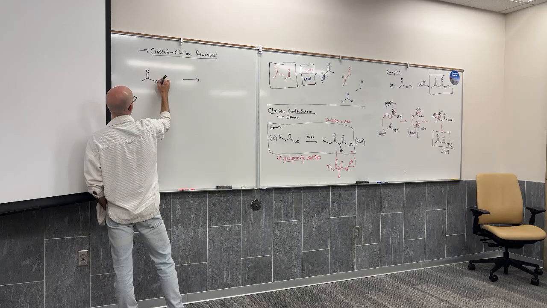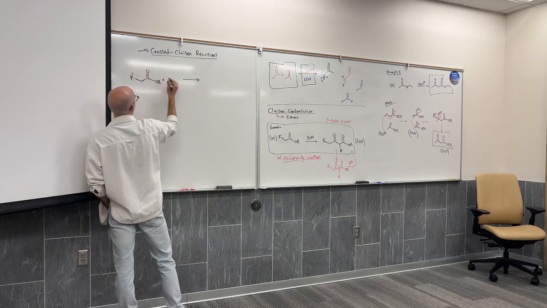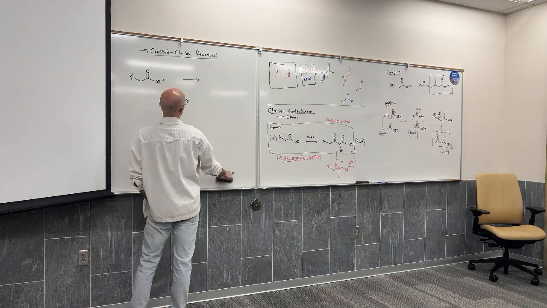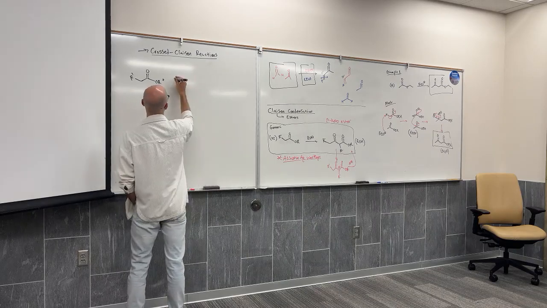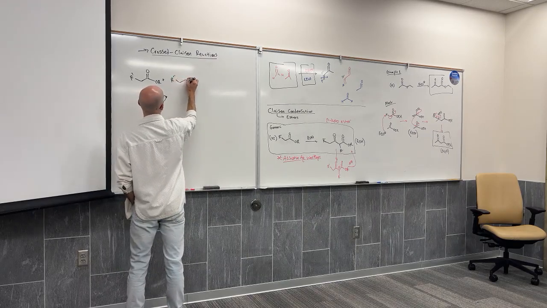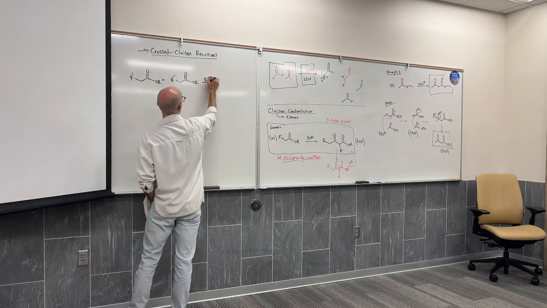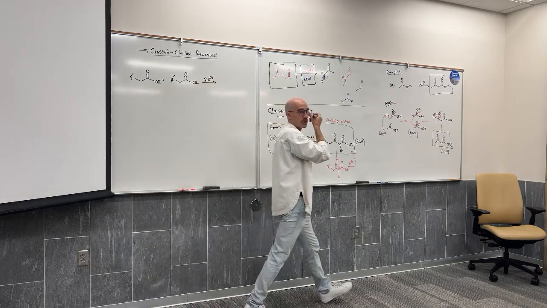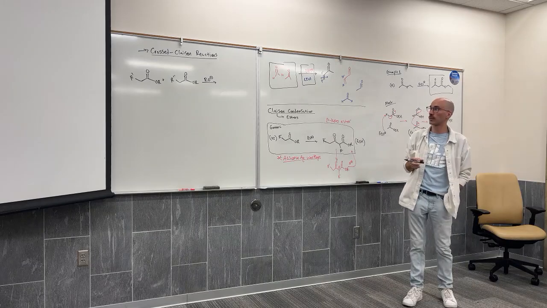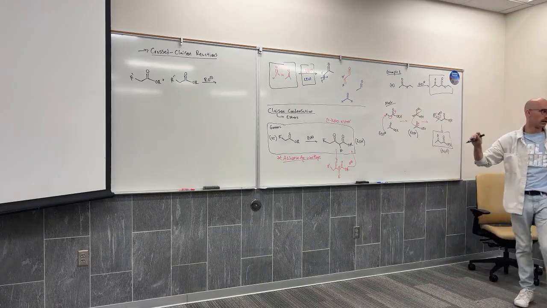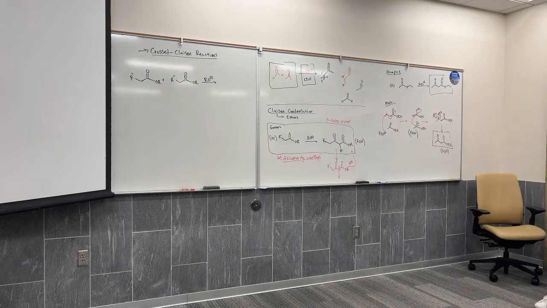Now, in these reactions, it is important that the two esters share the same ester linkage, but it does not matter whether they share the same R groups at their alpha carbons. So I've got R prime, R double prime.